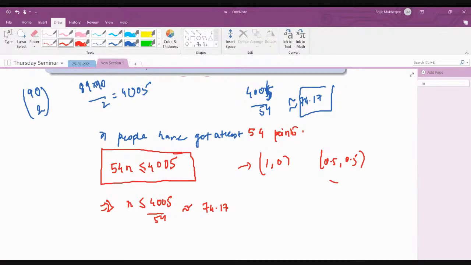Let's say n players got at least 54 points. That's what the question is asking for. It can happen that n people got 54 points and the remaining 36 people got 0 points. So 54n is less than or equal to the sum of all the scores, because each of those n people has got at least 54 points. So 54n is the sum of the scores of those n people who got at least 54.